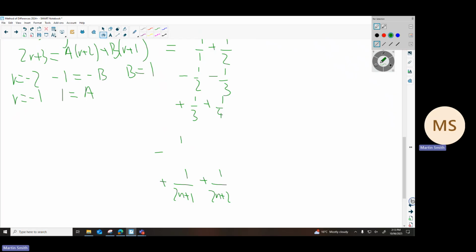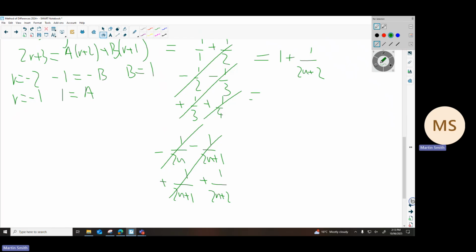So we're going to get minus 1 over 2n minus 1 over 2n plus 1. That cancels out, that cancels out, that cancels out, that cancels out. So what I end up with is just 1 over 1, which is 1, plus 1 over 2n plus 2, because everything else cancels out.